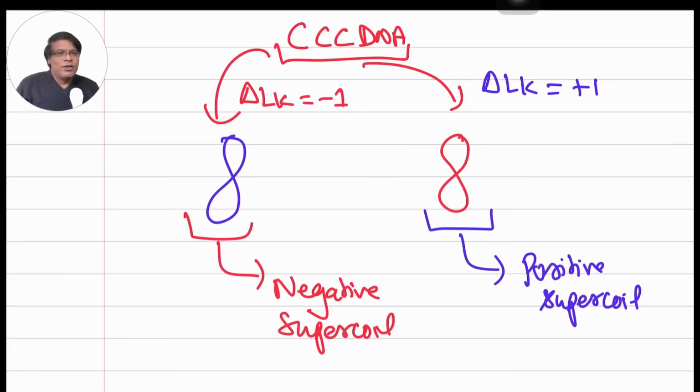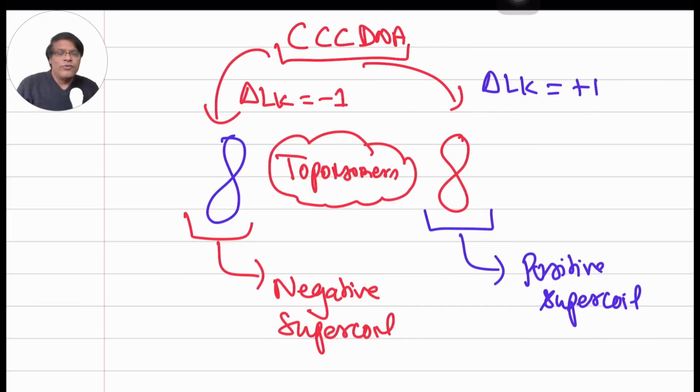Always keep in mind, negative supercoil and positive supercoil are mirror images of each other. And these DNA, which differ in their topological properties, are known as topoisomers. One DNA has negative supercoil, another has positive supercoil, and both differ in their topological properties.